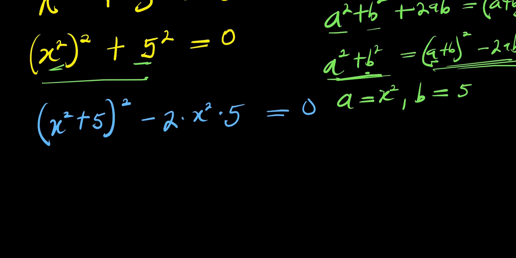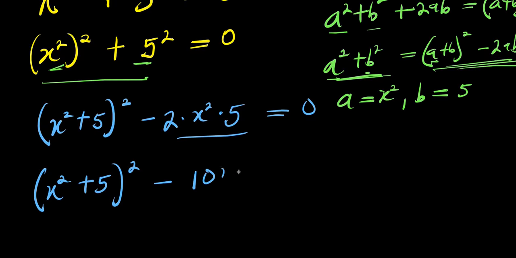So from here, we can simply have it as x squared plus 5 power 2 minus, this is 10x squared, and this equals 0.